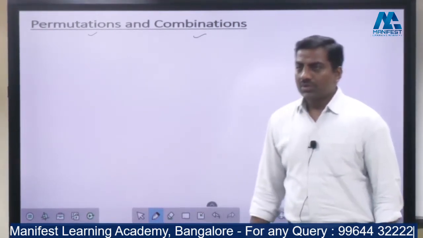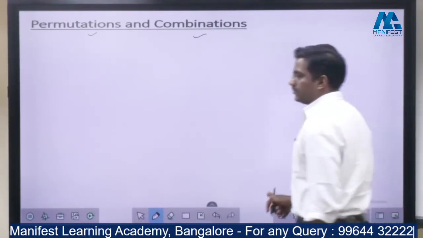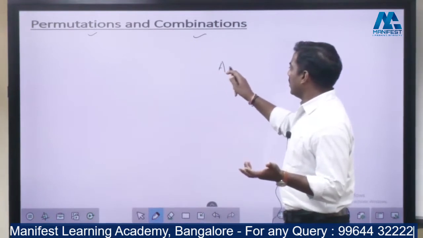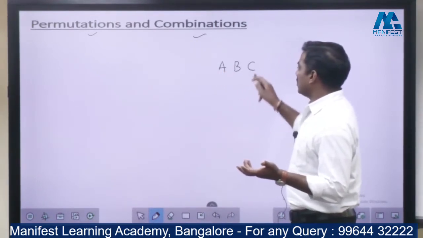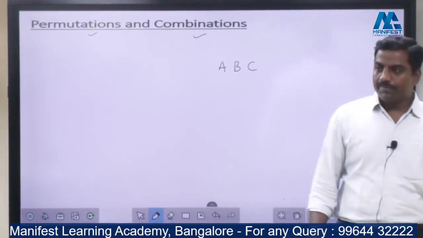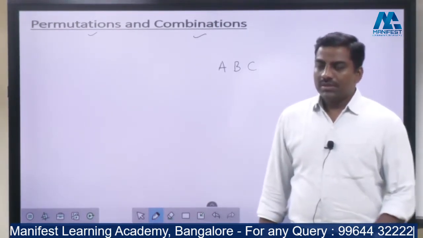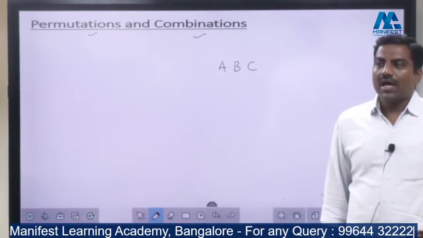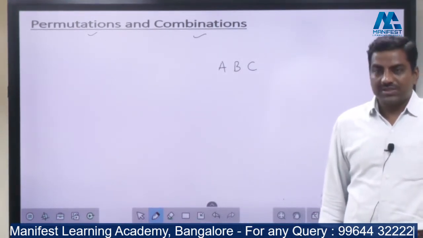Usually when you take a situation, I'll take a situation where 3 persons are there. Among these three people, I have to select 2 persons.